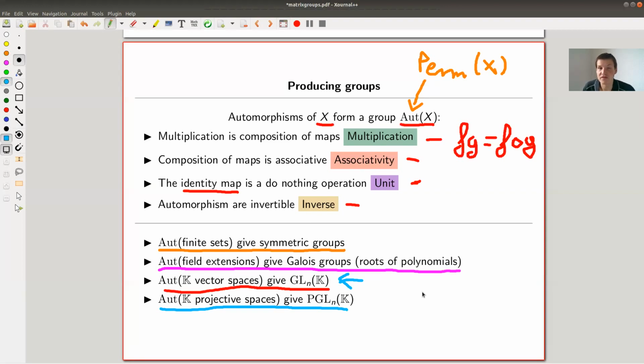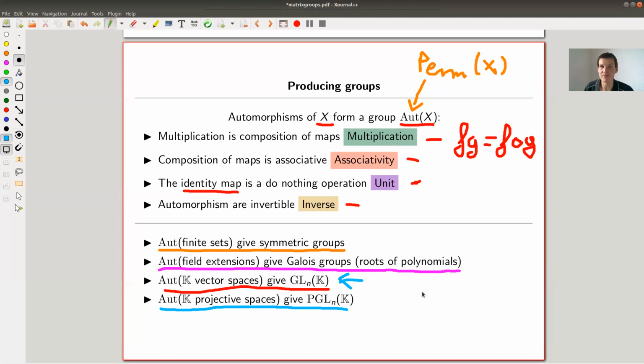So X has structure Y. Instead of considering all automorphisms of X, you could consider all automorphisms of X that preserve Y, and usually you also get a group. I will show you examples of these in this video, basically.